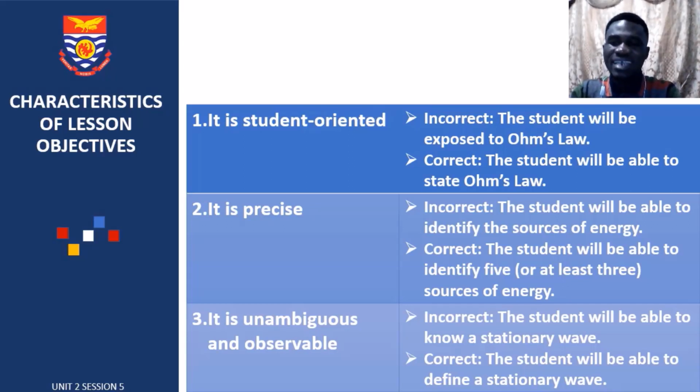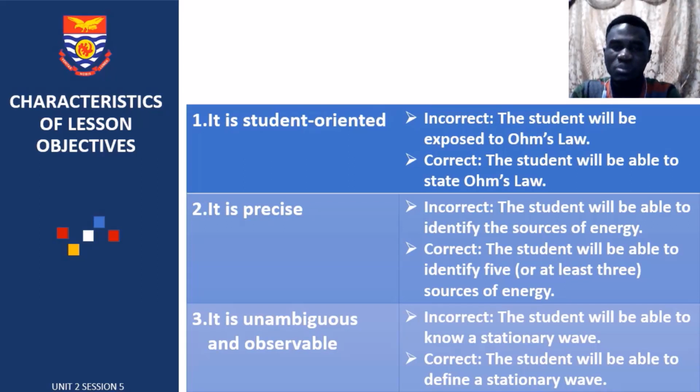Now, who does the exposition? You realize it is the teacher. So here, the focus is on the teacher rather than the student. And so the correct way of stating such an objective is that the student will be able to state Ohm's law.